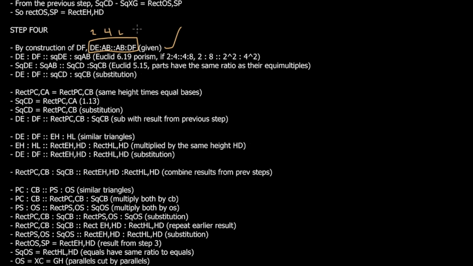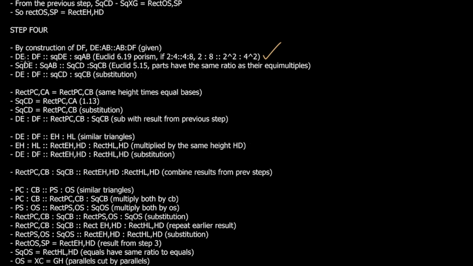I just like to use the numbers because you can see how that works out. But it's just a principle from Euclid. So we're doing that here. We took DE, we took DF, and we are saying that they are as the square on DE is to the square on AB.